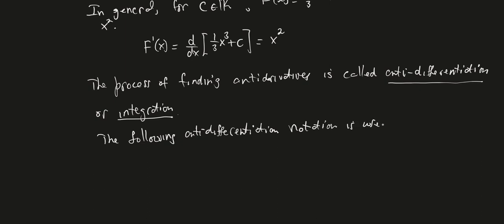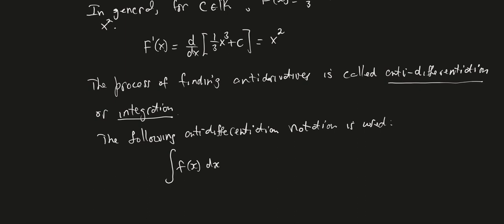is used. If I have a function, and again I'm going to call it little f of x, and I want to indicate that I'm finding the antiderivative of this function, I am going to use this notation. There's what we call either an antiderivative sign or sometimes an integral sign, and then you put your function there whose antiderivative you're trying to find, and we put a dx there, right?